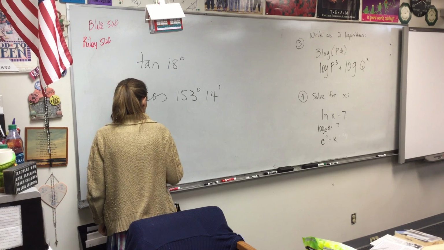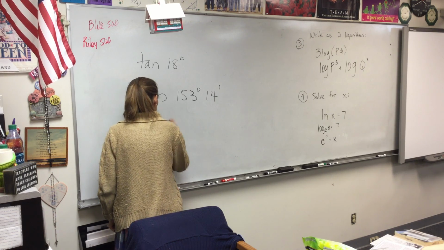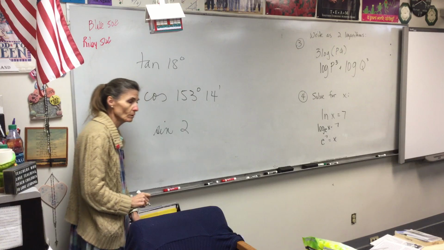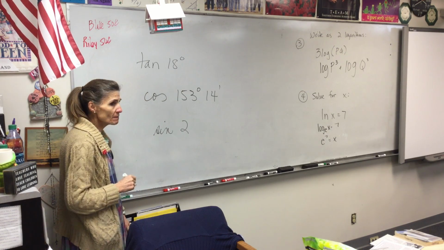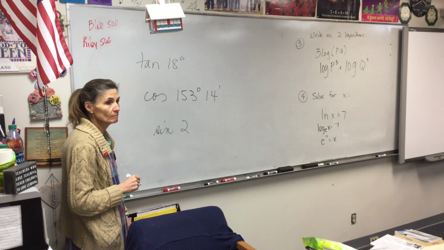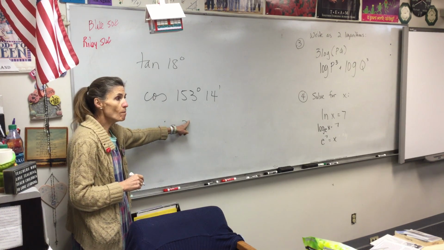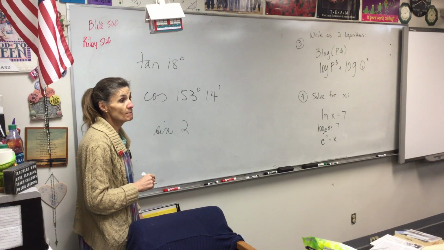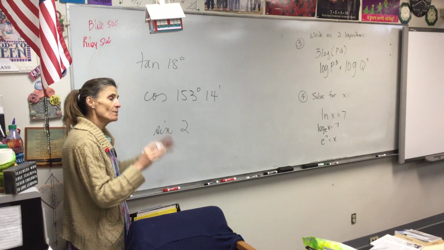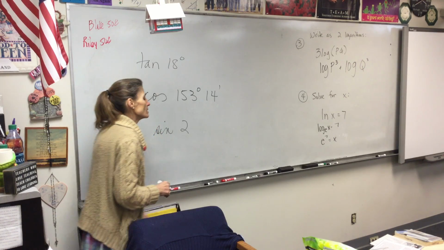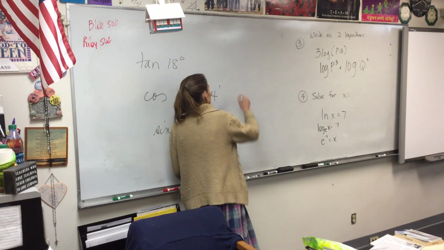How about this? Now be careful. There's something missing in that picture. When there is no mark, it's a radian measure. If there is no mark, it's a radian. Now, little disclaimer. Sometimes I get in a hurry.